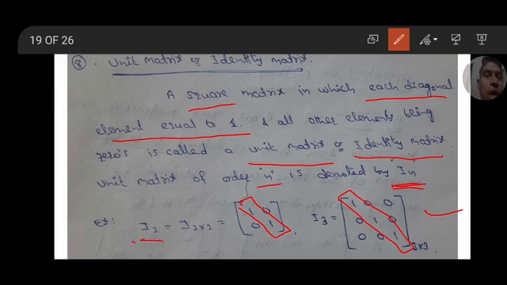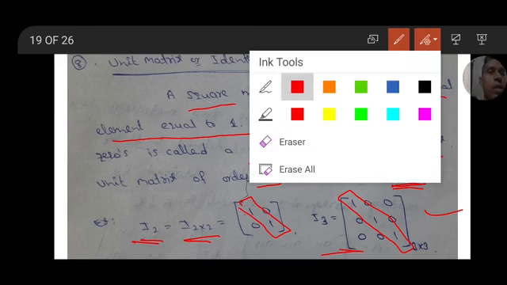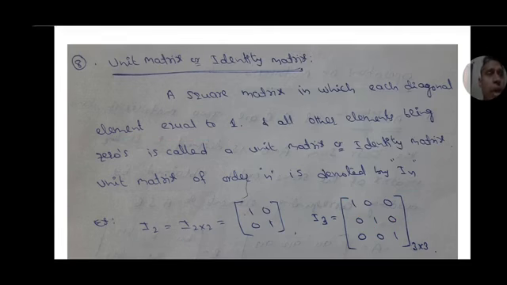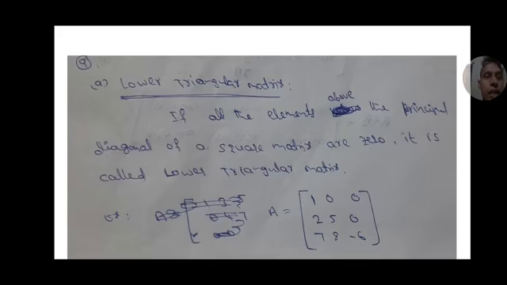For example, I2 means the 2 by 2 matrix 1 0 0 1, and I3 means the 3 by 3 matrix 1 0 0 0 1 0 0 0 1. Okay, it is the unit matrix or identity matrix. Next, lower triangular matrix.